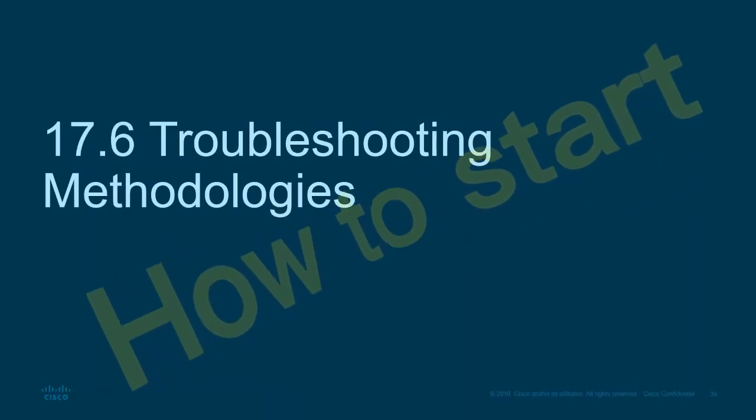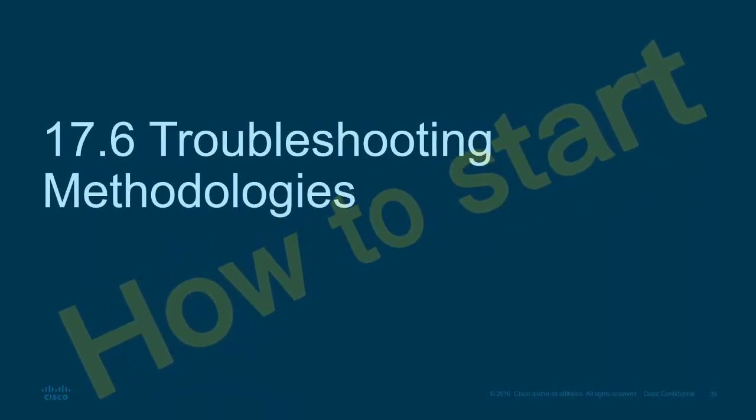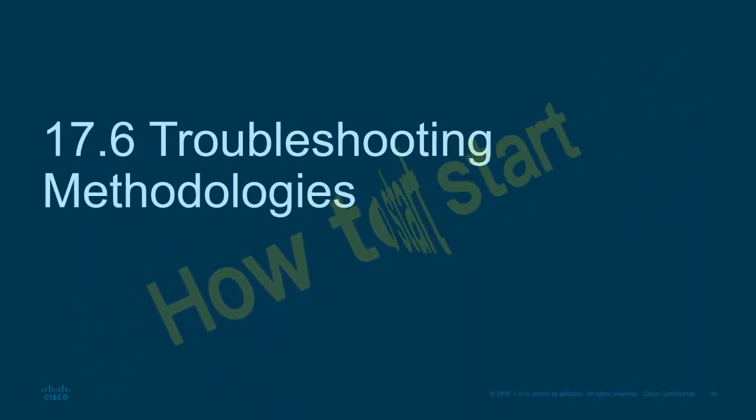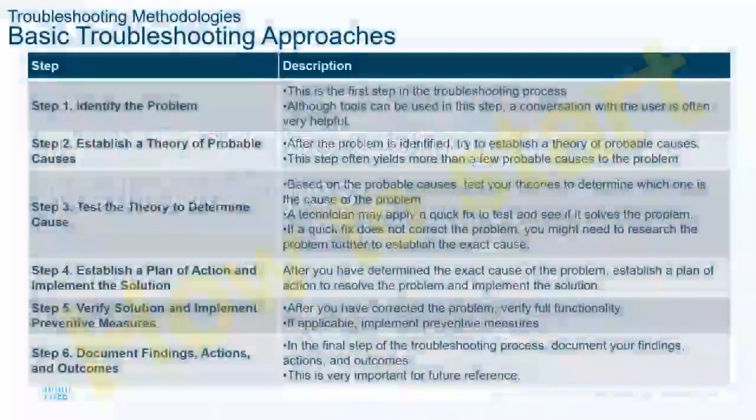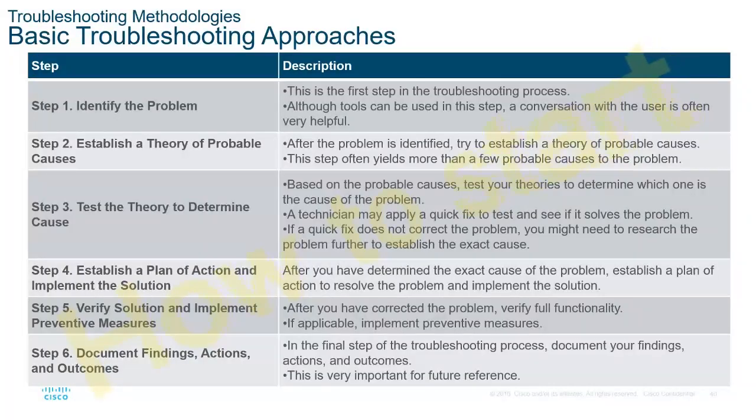Moving on, we have our troubleshooting methodology. So when there is an issue, what can we do? Well, Cisco actually has an established six-step process. Identify a problem, establish a theory, test the theory. If the theory doesn't work out, revisit step 2.